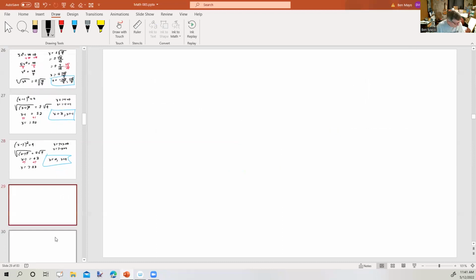Now, we're going to look at a process called completing the square, okay? And here's the deal. Let's say we have this expression. So we have the variable squared and then the variable of first degree term, okay? We want to take this expression and turn it into a perfect square trinomial.